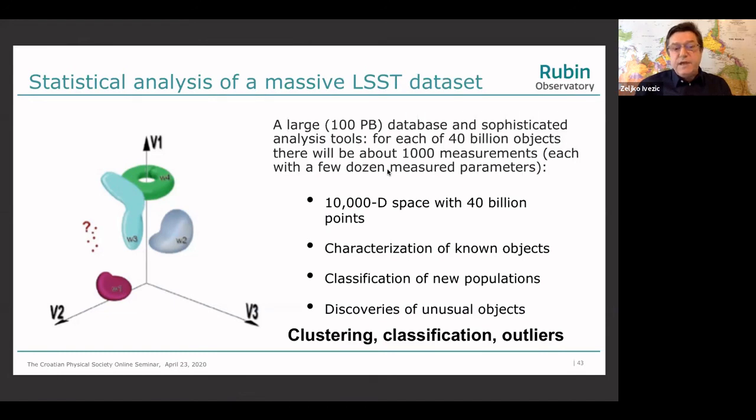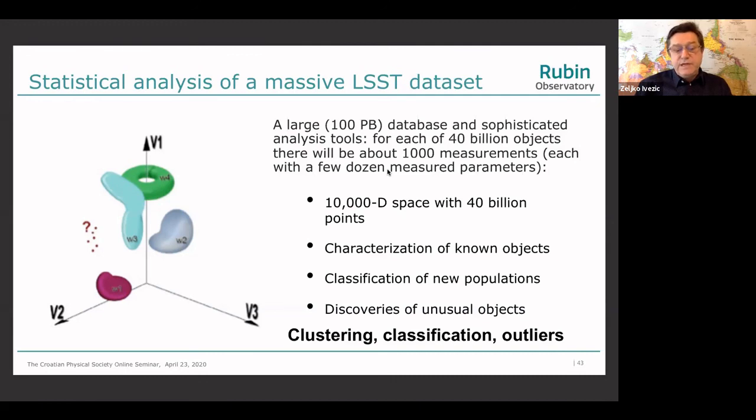We already have mathematical methods from computer science that can handle this easily in 3D and find these morphologies. Basically, they correspond to different populations. Then we want to characterize these populations. And then finally, you want to look for things that do not look like anything else. That red question mark, those dots, they are some kind of unusual objects, some outliers, some anomalies.